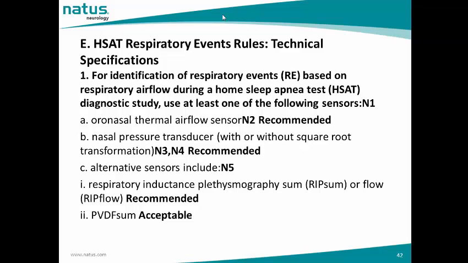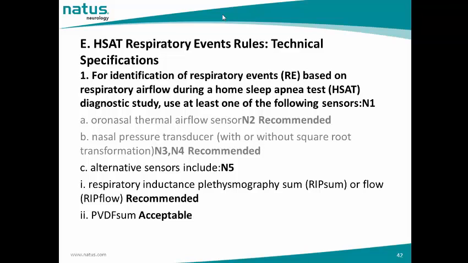Oronasal thermal airflow sensor that is sensitive for apnea. Nasal pressure transducer with or without square root transformation is recommended for scoring hypopnea.